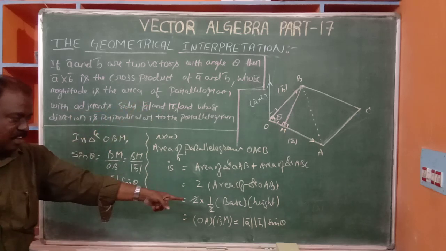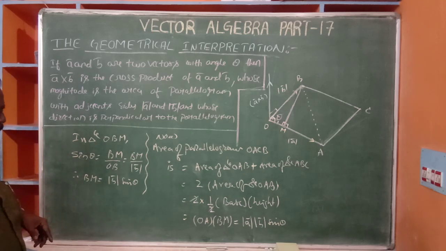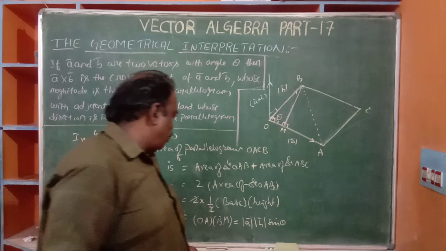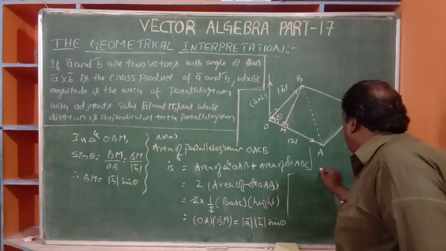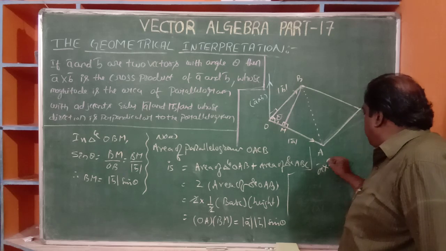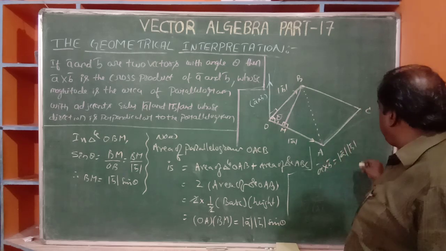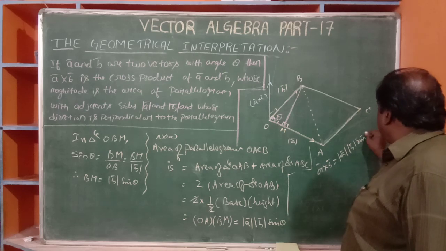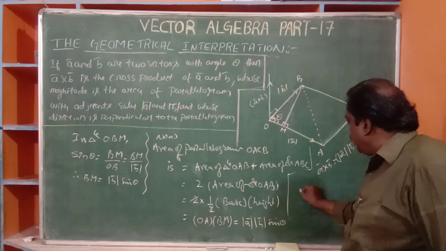Here, mod A bar, mod B bar sin theta. What is A bar cross B bar? It is mod A bar, mod B bar sin theta n cap.